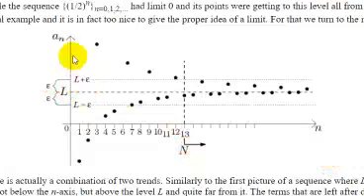If you place a ribbon like this, then capital N would be a different value, because capital N depends on epsilon.